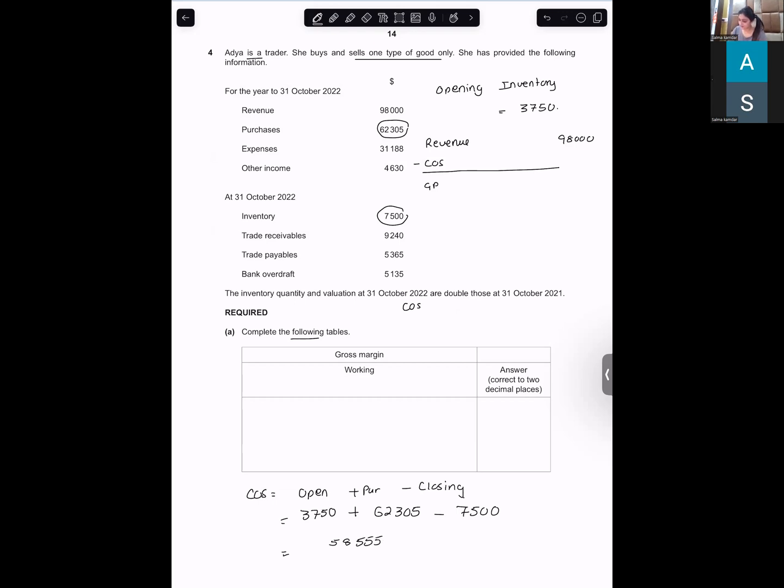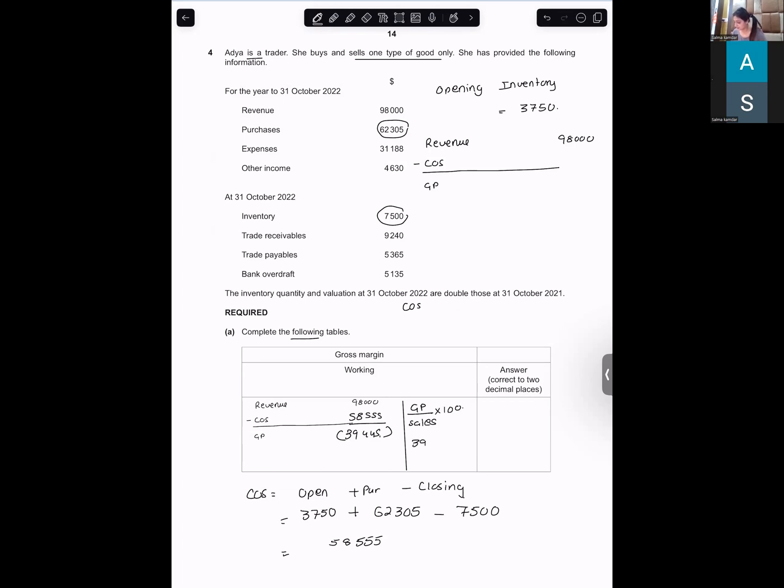So your cost of sales is 58,555, and your gross profit is 98,000 minus the cost of sales, so 39,445. Gross profit margin is gross profit over sales into 100.